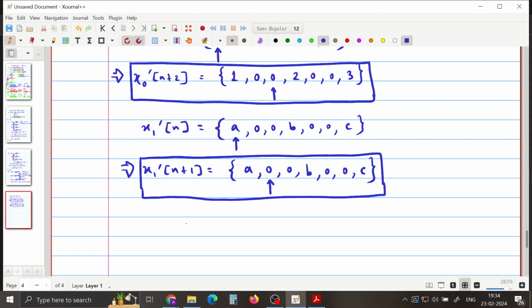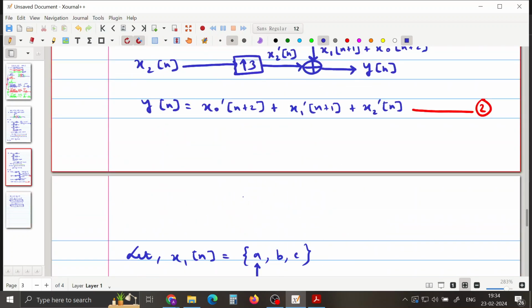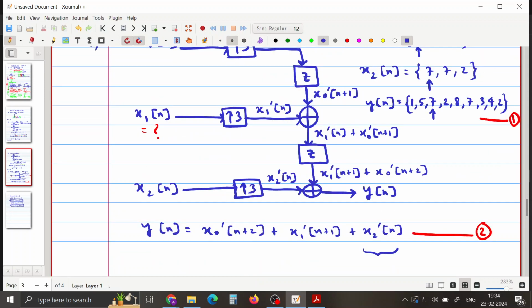Right, and now what's the remaining term that we need to find? This guy, this one, x2 prime of n. And how do we find x2 prime of n? Well, x2 prime of n is nothing but, sitting here, x2 of n passed through an upsampler of factor 3.